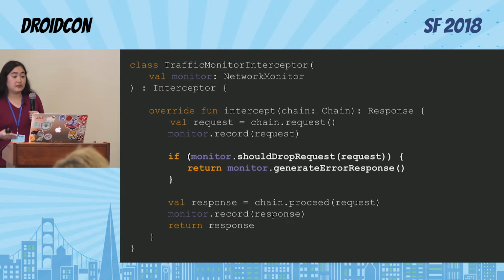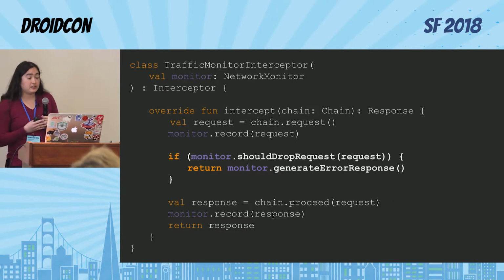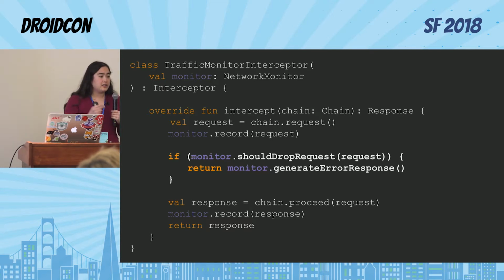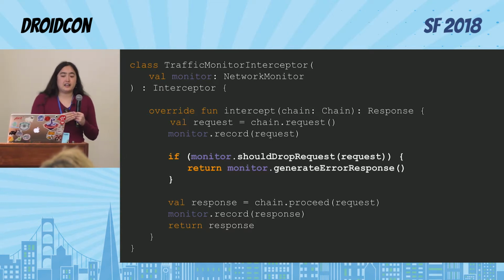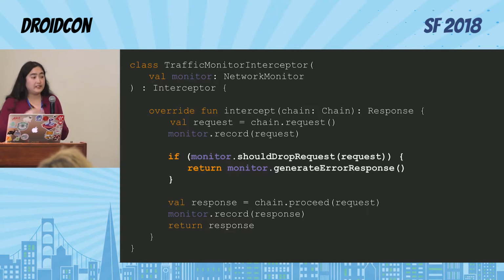And then it looks at the request and decides, is it dropping this type of request? If it drops this type of request, it returns a network error. The network error that it returns has a unique code, so you can treat it separately from other errors, but you don't have to. Whatever normal network error handling that you do should work just fine.